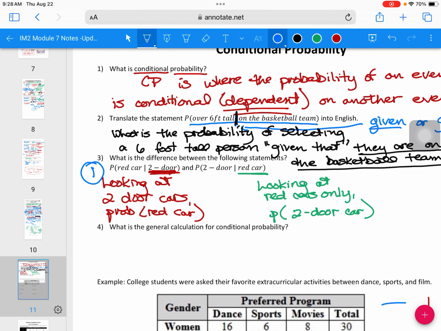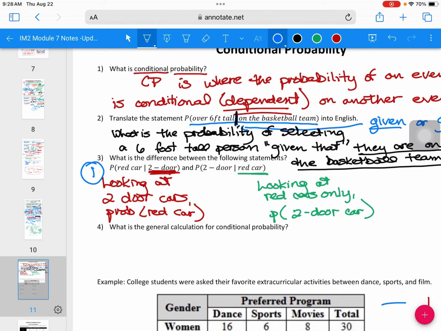I'm looking at all red cars. And how many red cars do I have in this picture? 3. And of those red cars, how many are 2 doors? 2. Yes, this one here has a 4-door. So that's the difference. The condition part is what falls behind that vertical line. Does that make sense? Do you see the difference?